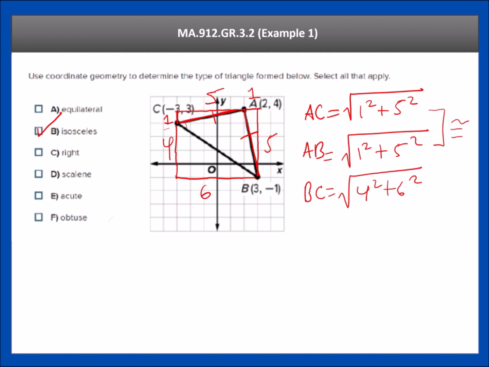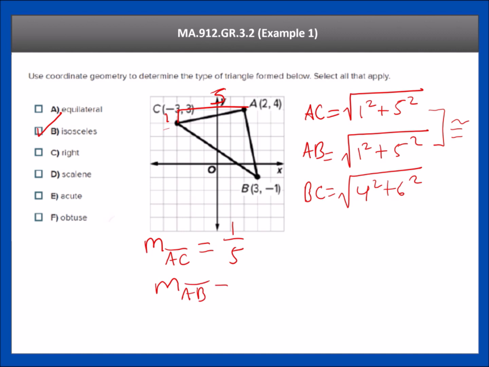All right, so is it a right triangle? In order to establish that, we need to find the slopes. The slope of AC: remember that slope is rise over run. We just did it. It went up 1 over 5, so the slope is 1/5. Then for the slope of AB, it went 1 over and 5 down. Five down means negative, so the slope is negative.